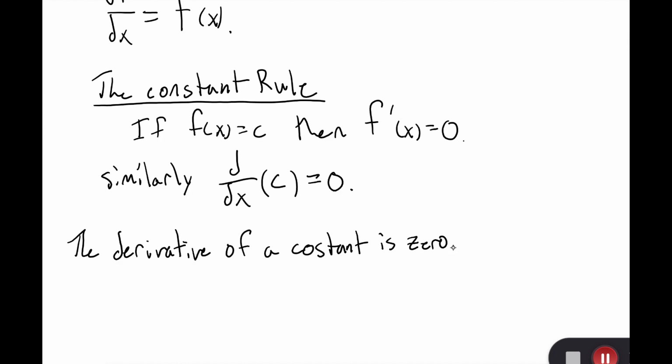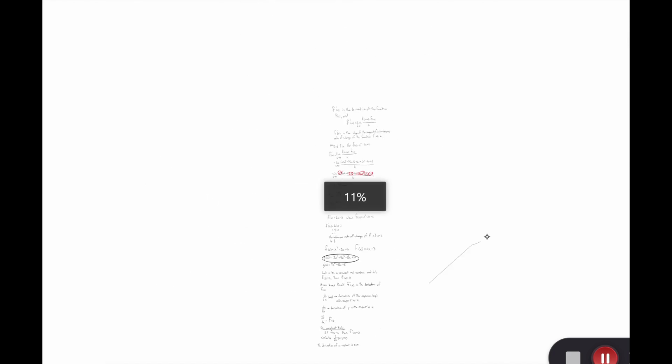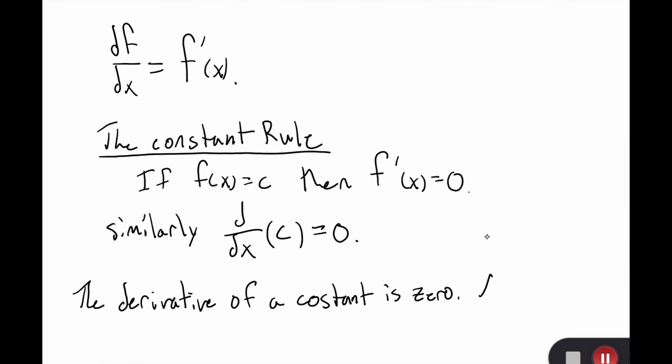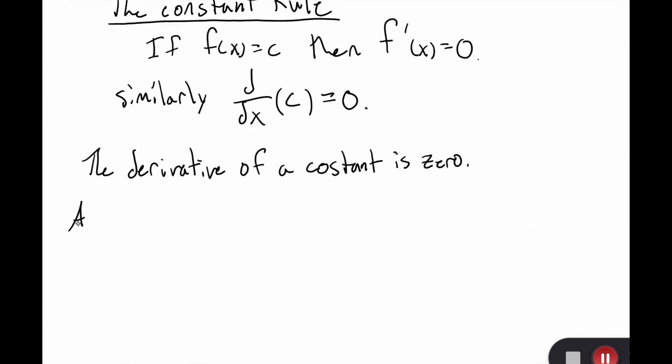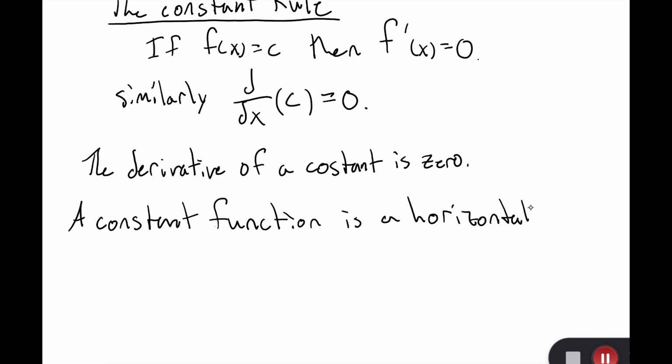And that makes sense because a constant function is a horizontal line and has no slope, right?